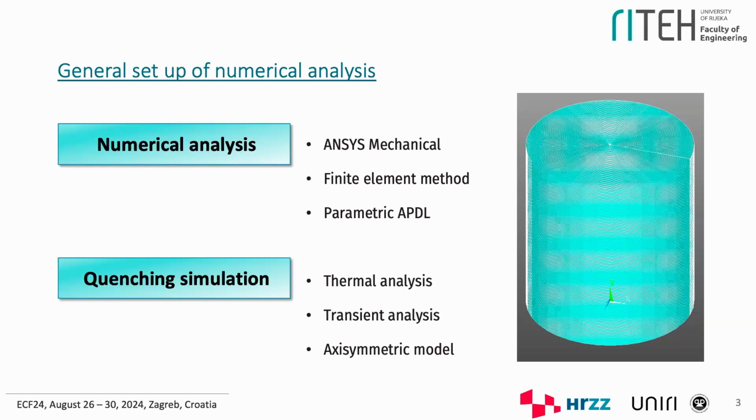We modeled an axisymmetric model because we assumed the metal sample to be a cylindrical one. So we did an approximation of this, and we also assumed the symmetry, so we only focused on modeling this part of the sample to accelerate the analysis time.